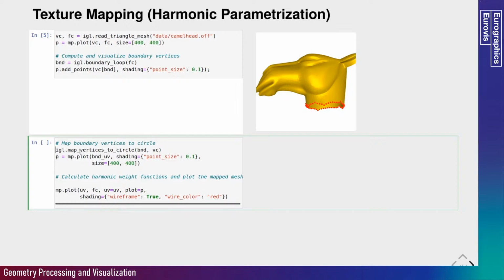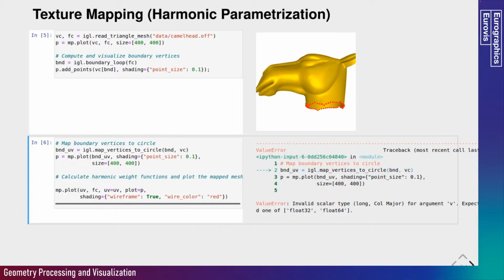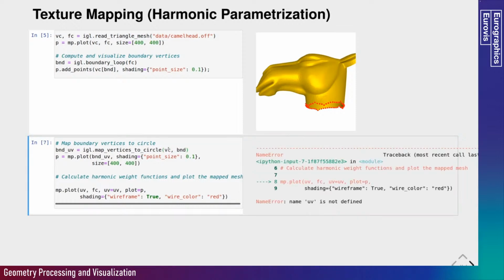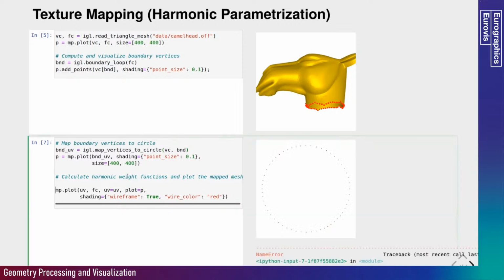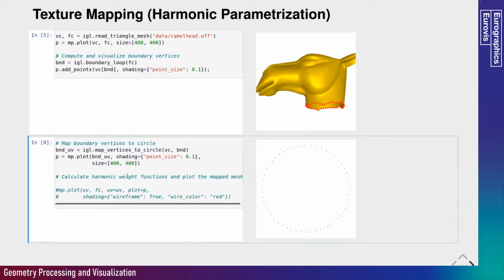And now we get back the positions of these vertices on circles. So I just used the wrong order of the parameters. It should be like this. Okay, so now we mapped all the boundary vertices that can be seen here to a nice circle.